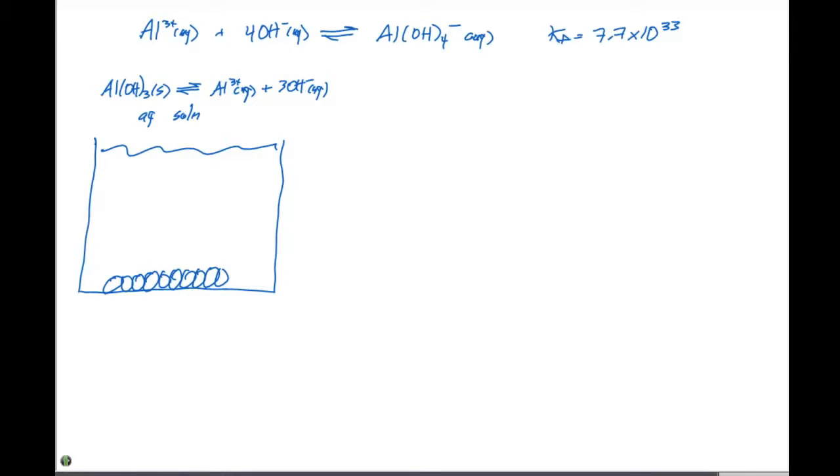That's going to be in equilibrium with aluminum 3 plus ions and OH minus ions. So our species that's present right now in our beaker is solid aluminum hydroxide, a lot of that at the bottom, and it's going to form a small amount of aluminum 3 plus ions and OH minus ions in solution.